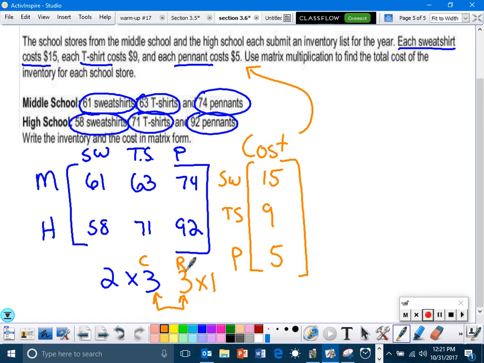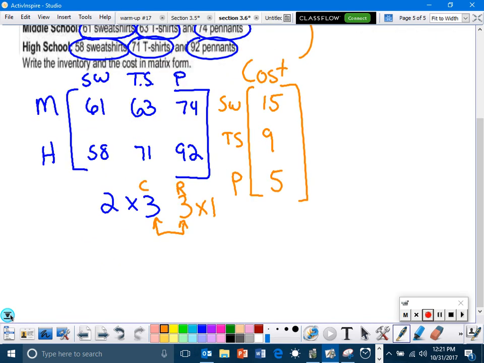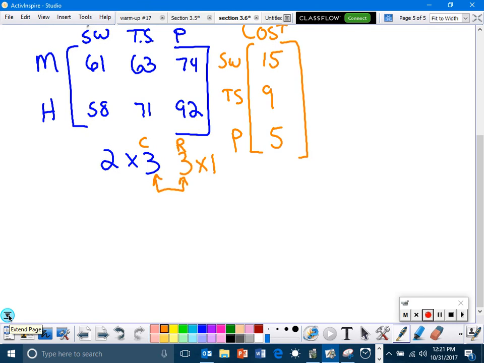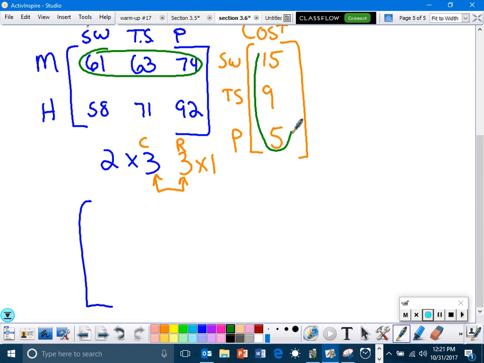All right, so here we go. We're going to multiply these together. Let me move this down a little bit. Color coding. Green. We're going to take this row, and there's only 1 column there. Now our new matrix is only going to be a 2 by 1.